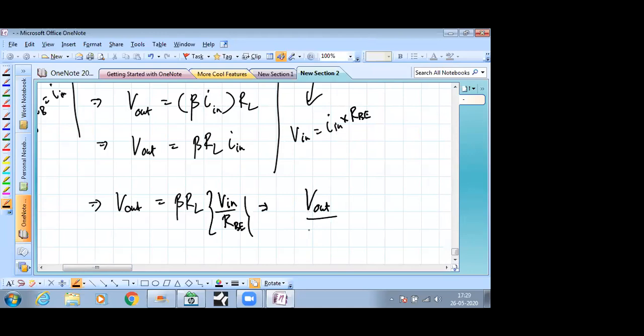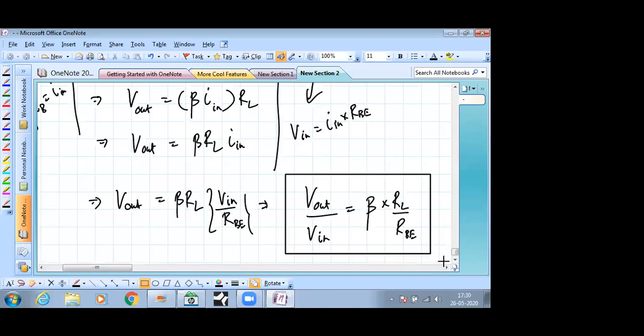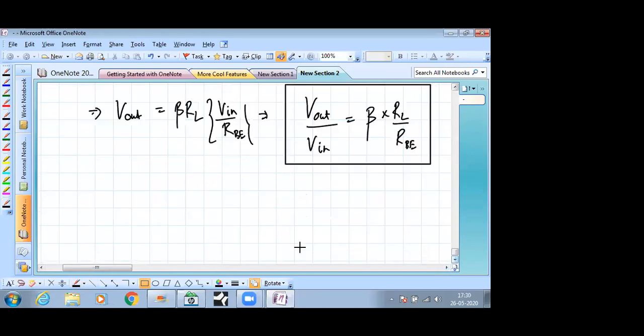So from this we get the amplitude of the output voltage divided by the amplitude of the input voltage is the current gain factor beta into RL upon RB. So this becomes the formula for voltage gain.